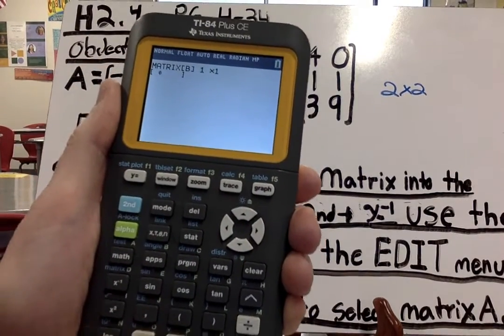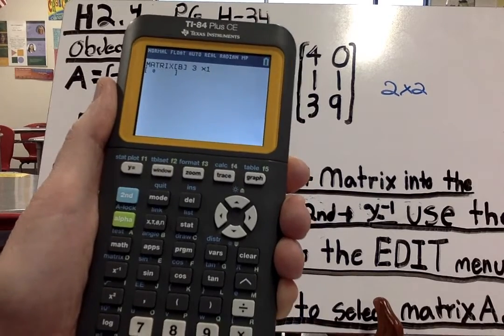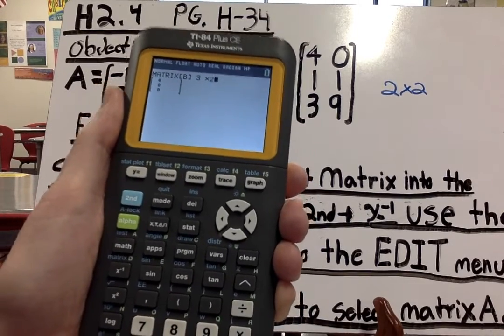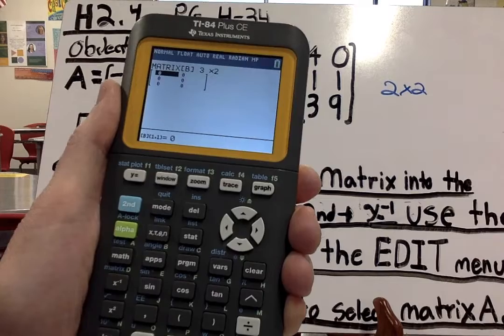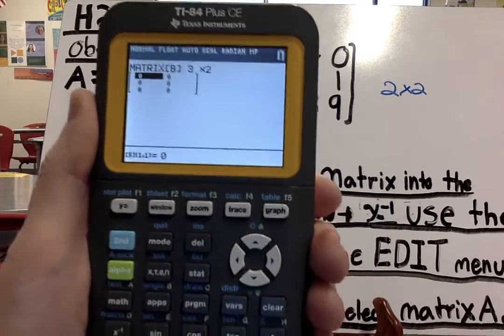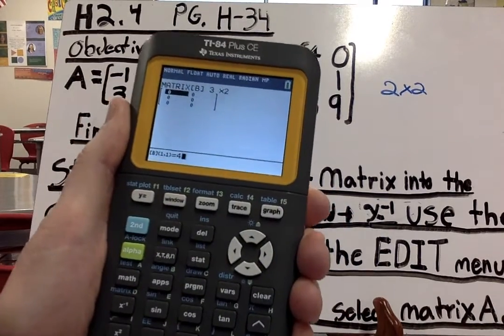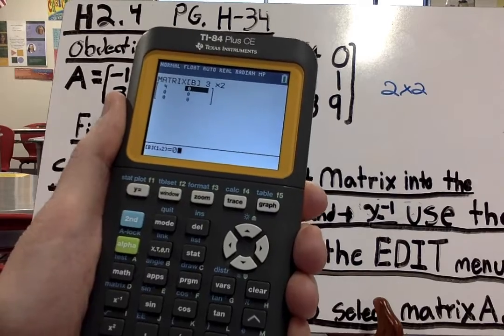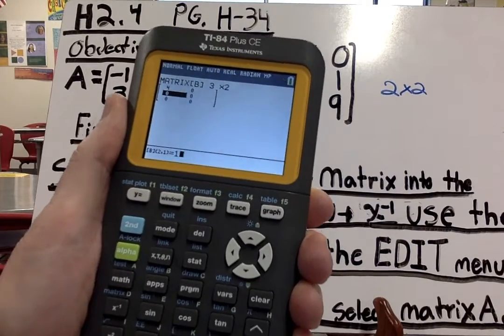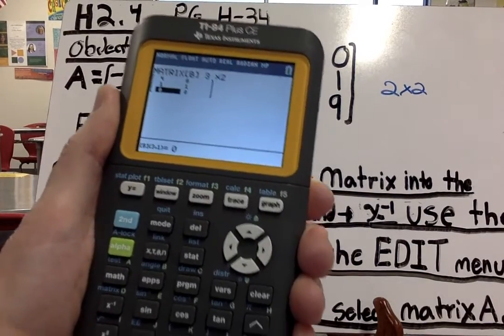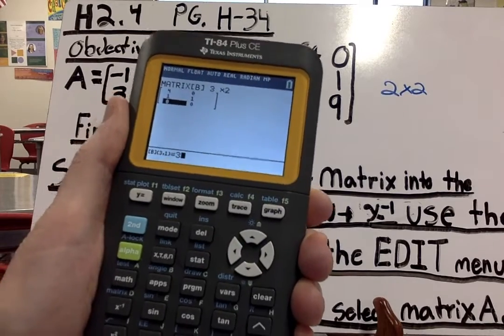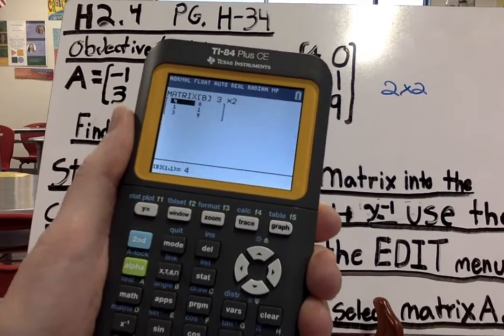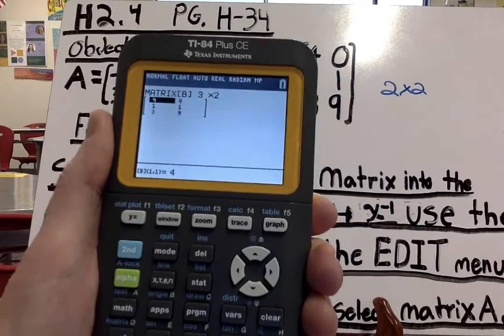And what is B? B is a 3 by 2. Now we want to put our numbers in: 4, 0, 1, 1, and 3, 9. And there you have matrix B.